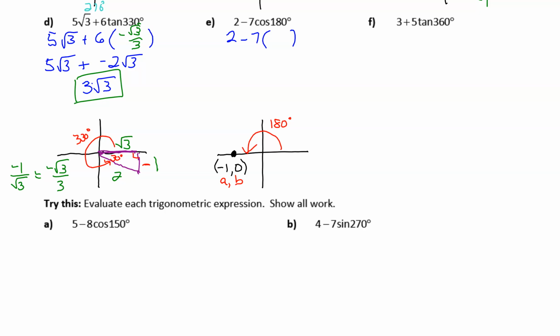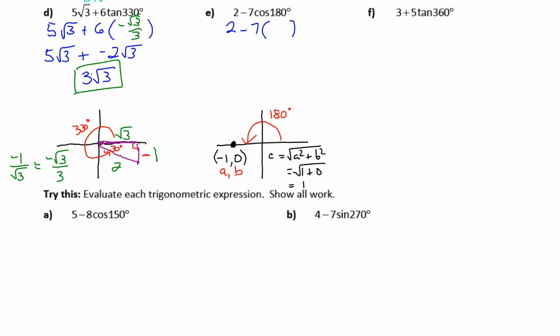Remember, the negative 1 is not important as long as it's negative, so I'm just picking negative 1 as a value that we can use. That A is the adjacent side and B is the opposite side. And C, the value of the hypotenuse, can be found using the Pythagorean theorem. So C's value is positive 1.